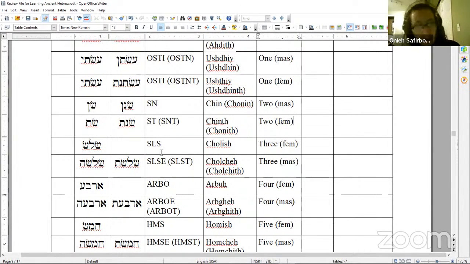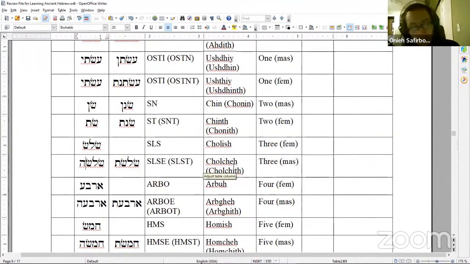Now we go to three, and that's chalish, the feminine version. And for numbers 3 through 10, the gender of the number is the opposite of the gender of the noun it's counting. So if there's 3 dogs, it would be chalchith or chalcha, and that's the feminine ending for masculine dogs, plural.